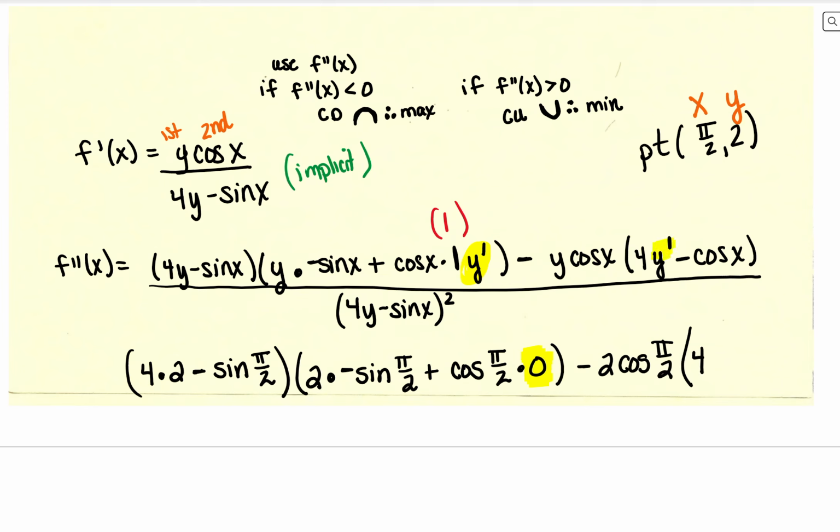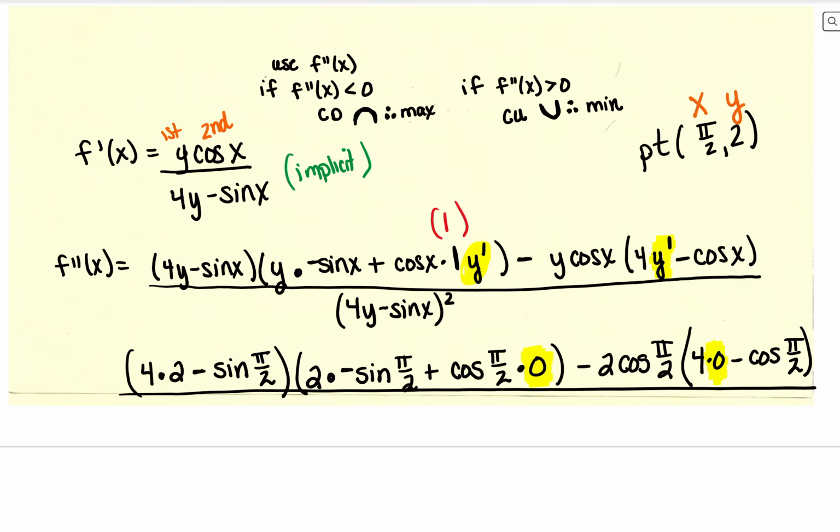That's your first derivative. And remember, we're at a horizontal tangent here, so we're going to put in a 0 for that. So put in a 0 minus the cosine of your x, which is pi over 2. All over the denominator, 4, but where you have a y, you're going to put in a 2 minus the sine of pi over 2 quantity squared.